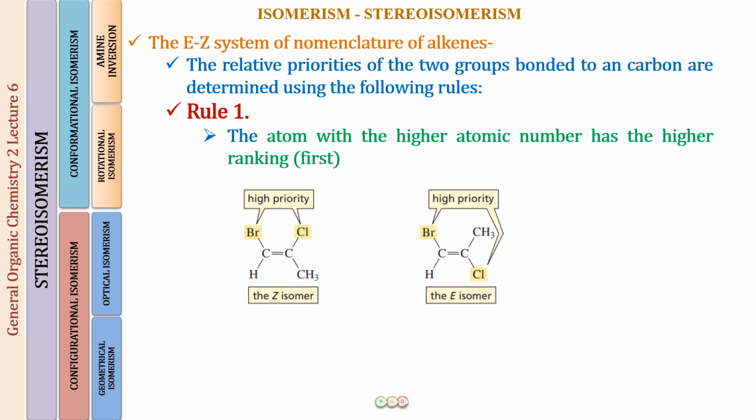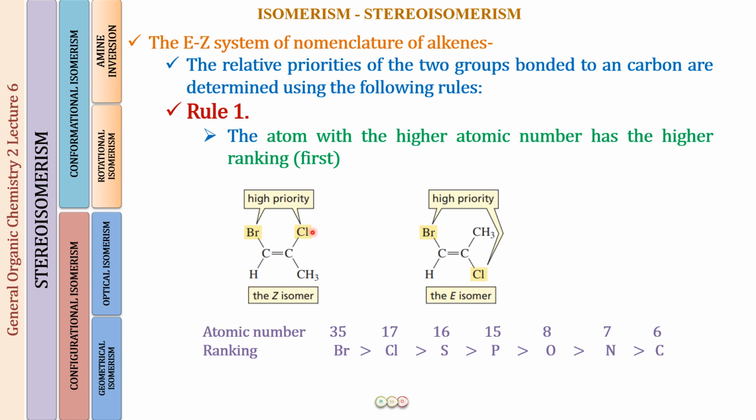If you look at this example, we have four different groups attached to the two carbons, and this carbon is attached to a hydrogen and a bromine, which has a higher atomic number. I've written down the atomic numbers, but I think you should know these by now. Bromine has an atomic number of 35 and hydrogen an atomic number of 1. So bromine has a higher atomic number, so it will be of a higher priority.